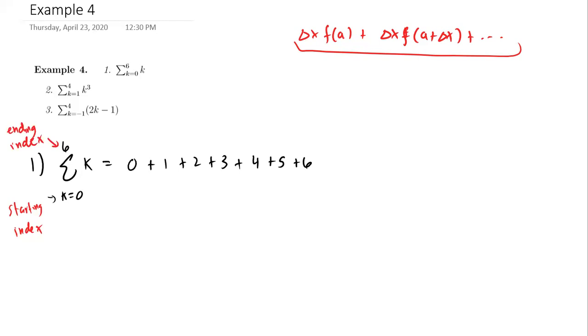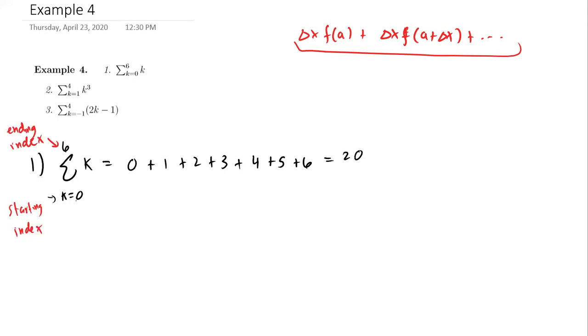So we add k from k equals 0, the starting point, to k equals 6, the end point. This is a shorthand way to write 0 plus 1 plus 2 plus 3 plus 4 plus 5 plus 6. Instead of writing that, you can just write the sum from k equals 0 to 6 of k. If we add all of this up, we get 20, I believe.